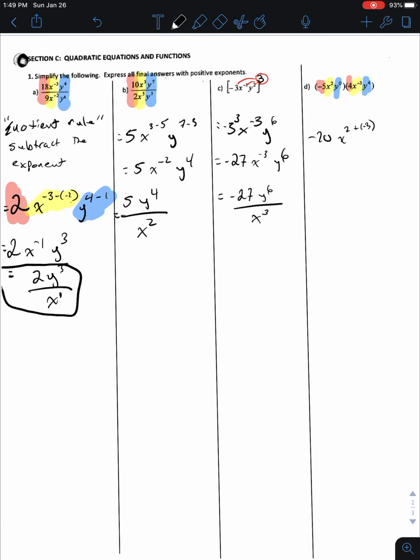I'm adding the exponents, because they're multiplied. So it's plus negative 3. And then y^(0+4). So my answer is going to be negative 20 x to the negative 1, y^4. Negative 20 y^4 over x.